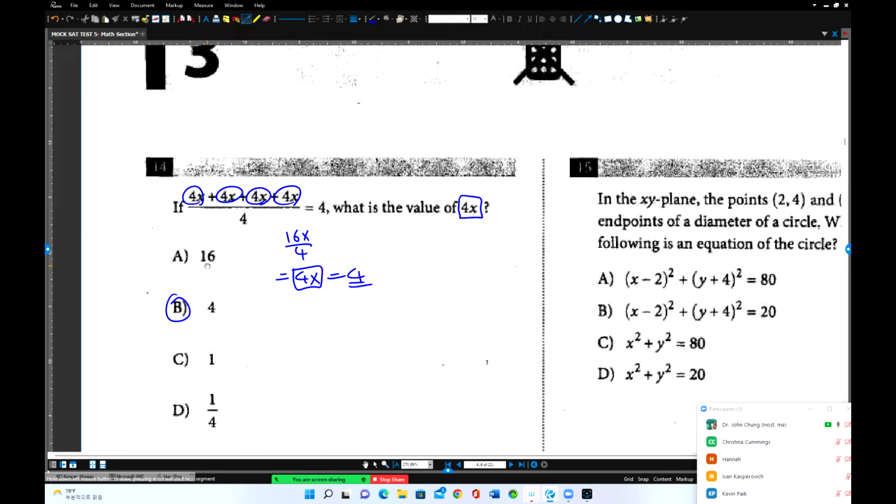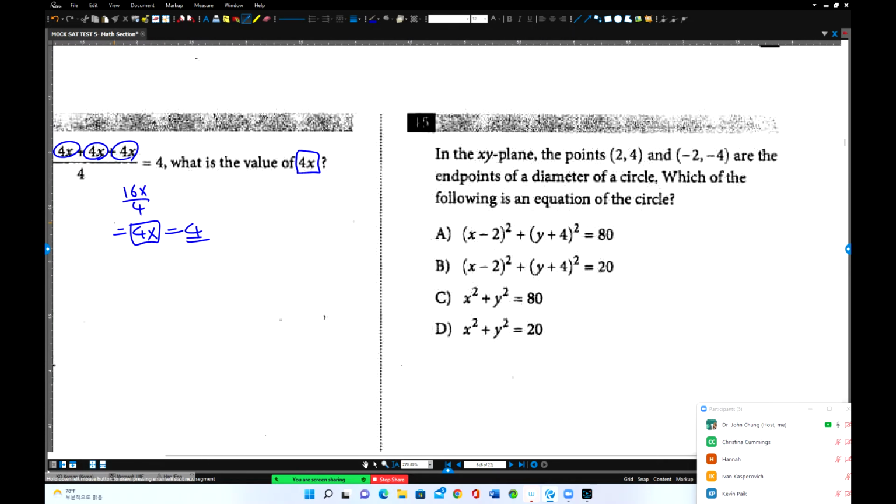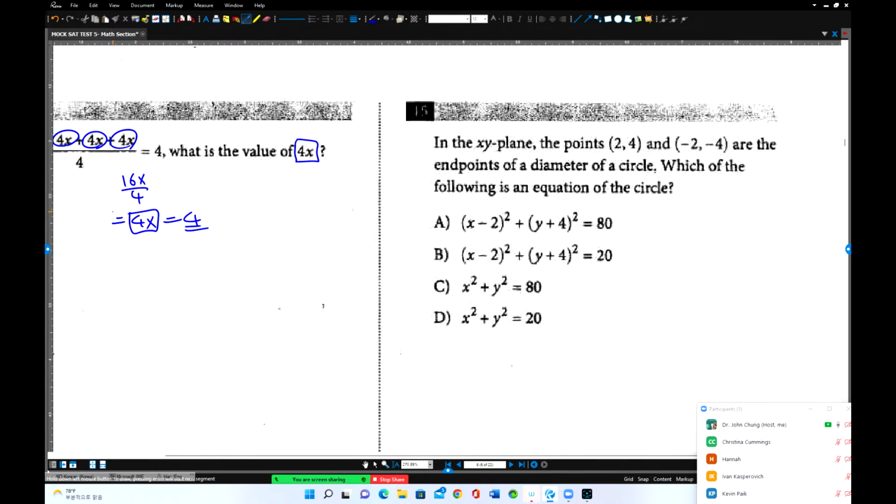Number 15. You have number 15 there. Okay, these are the endpoints: 2, 4, and on the left-hand side, negative 2, negative 4. Okay, where is the center?